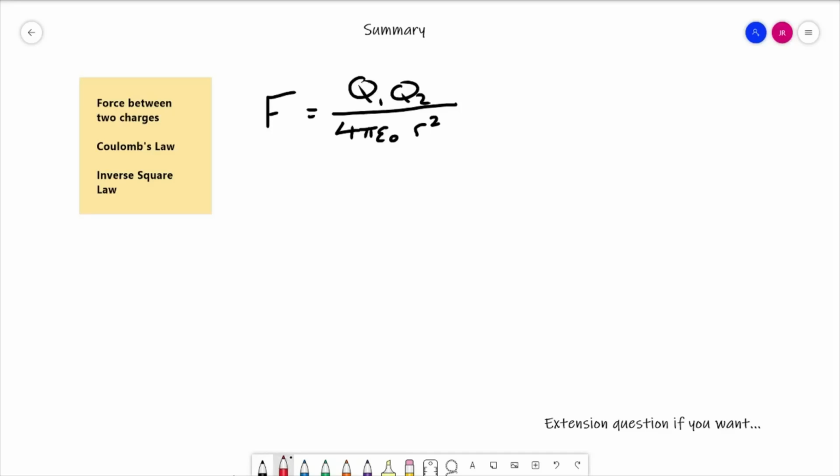Now we also looked at how the sign of the force works, so remember, if F is positive, then we will have those two charges repel, we'll have a repulsive force, and of course if F is negative, then those two charges will attract.